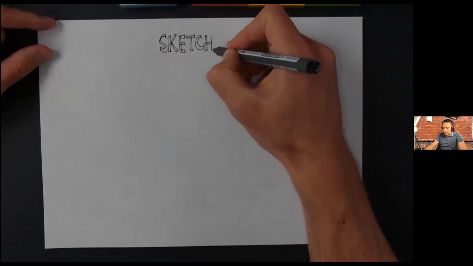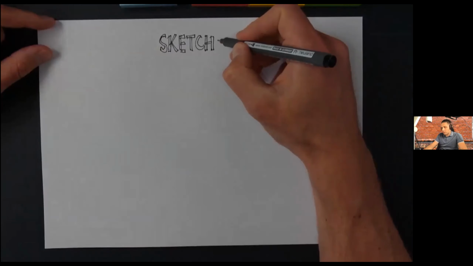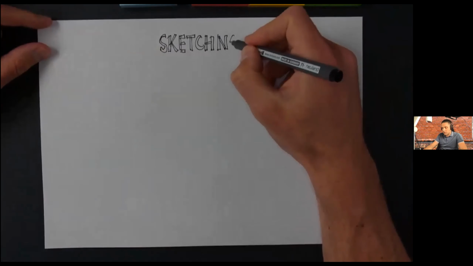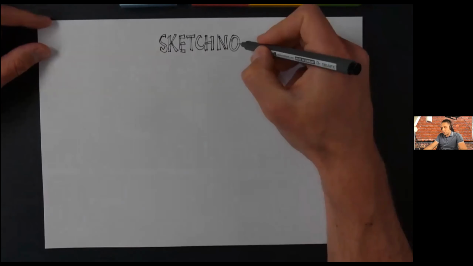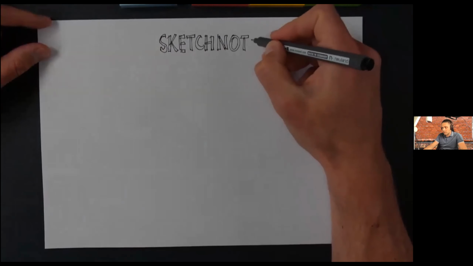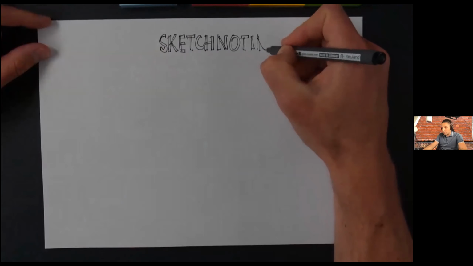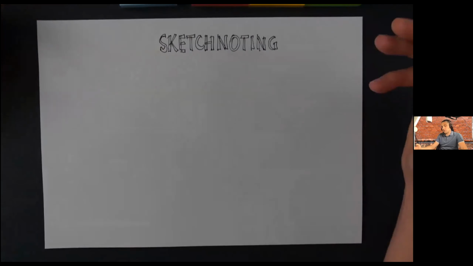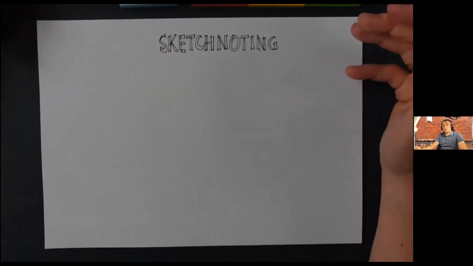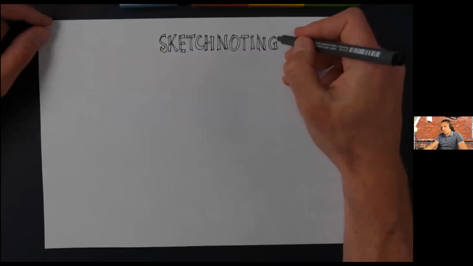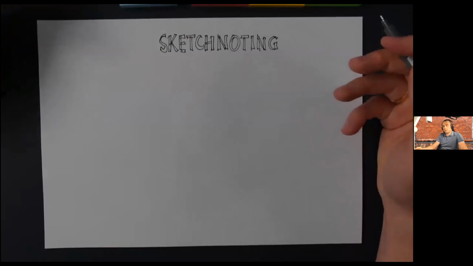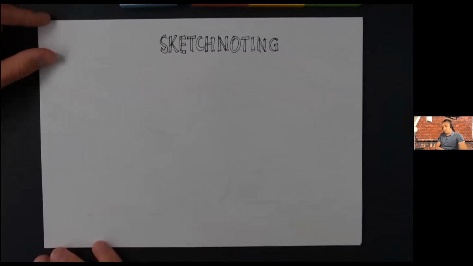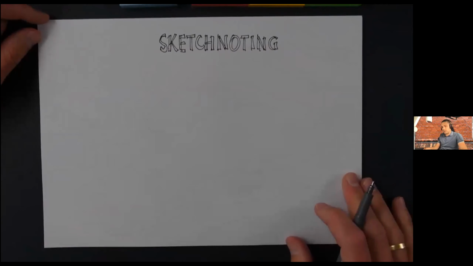And the first thing you want to learn about sketchnoting is that you don't need to be worrying much about being slow. So right now I'm writing down the title of my talk, and most commonly people get stressed because you don't write or draw as fast as you speak, and sometimes it's intimidating and it makes people feel uncomfortable, but you just need to get used to that and be okay with that.